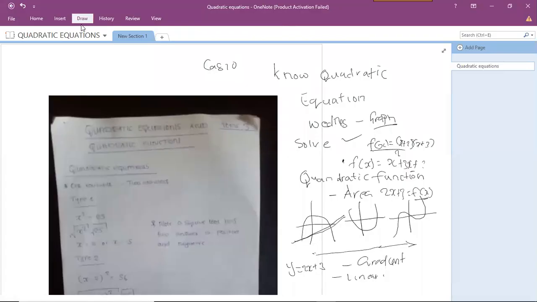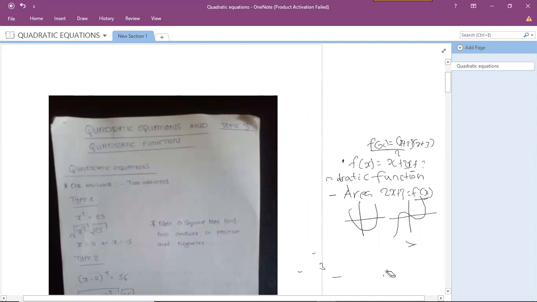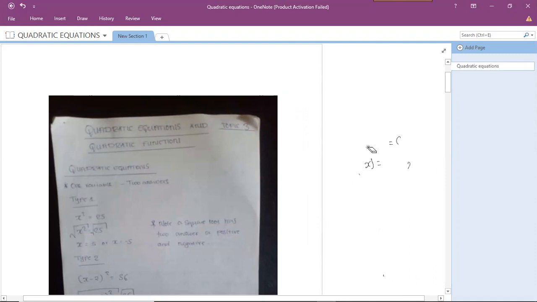Okay, so let's start with our first objective now. We have to be able to know what a quadratic equation is. And there are basically 4 types of quadratic equations that you have to know. But the trick when it comes to quadratic equations, they are always characterized by a square, a power of 2.